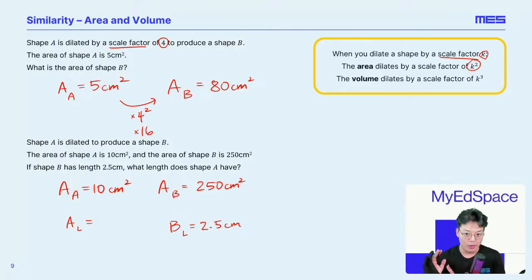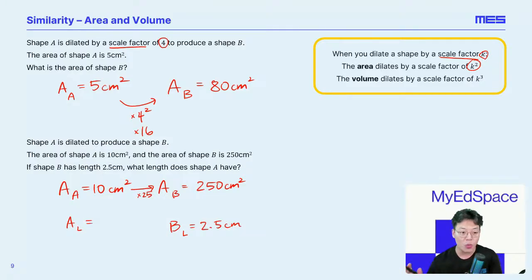So math is all about the study of patterns. Patterns are all about relationships. So essentially mathematics is the study of relationships. 10 to 250. What did we do to 10 to get to 250? Again, we're not adding, we're not subtracting, we're not dividing, we are multiplying, right? 10 to 250, we have multiplied by 25.